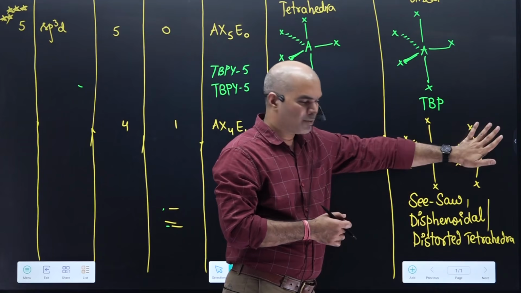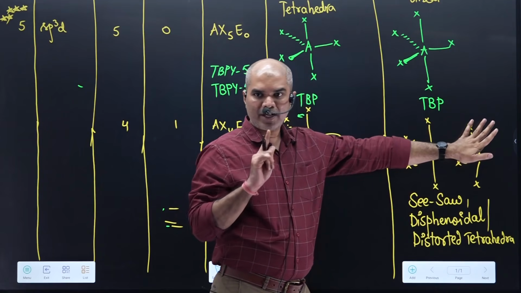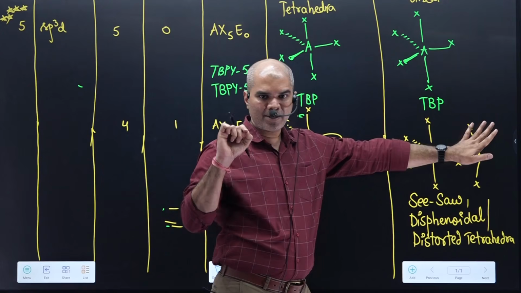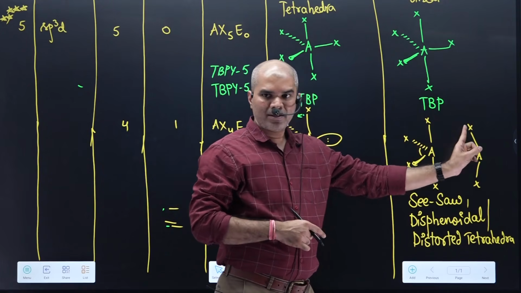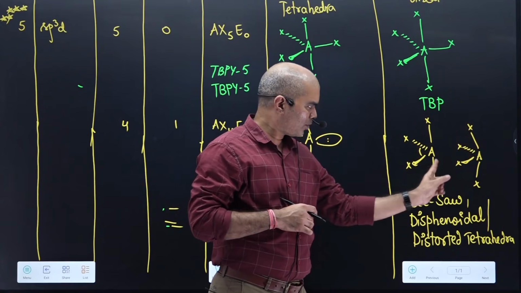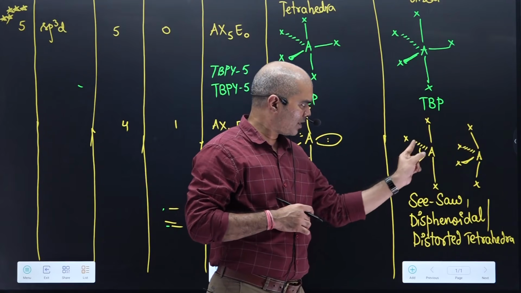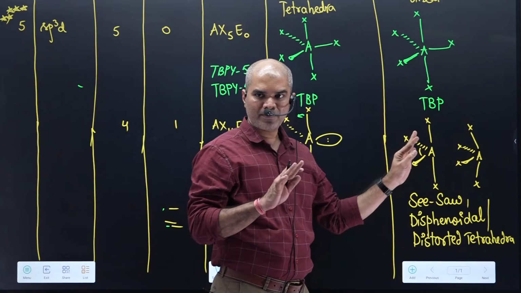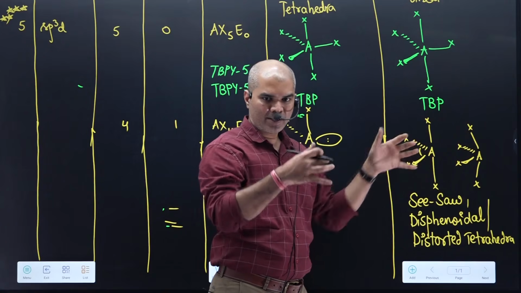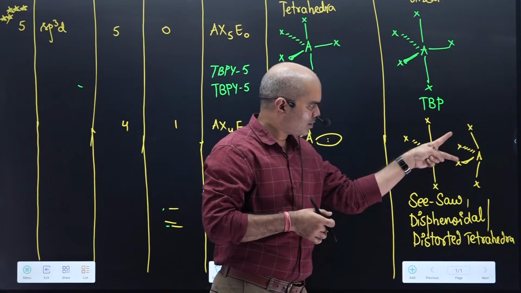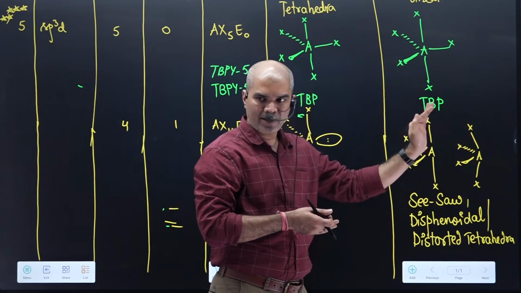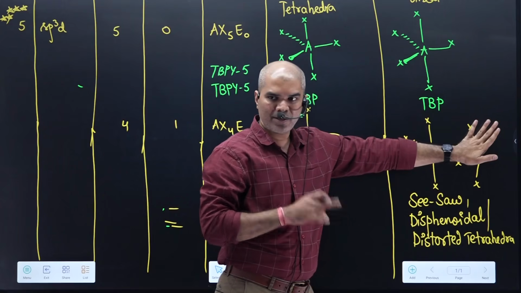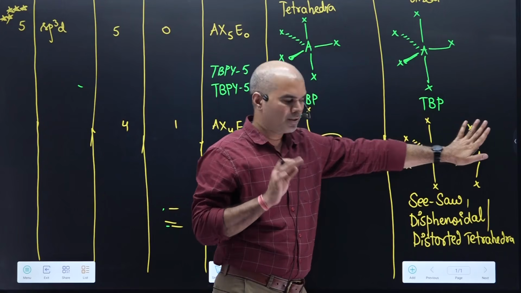This is exact geometry of seesaw. Bond angles will also change. There are a few exams, IIT Mains, in IIT exams, they even ask the bond angles. Generally what students think, they simply put a lone pair, remove the lone pair, this is 90 degree, this is 120 degree, it is wrong. Lone pair will occupy more space, it will push all the bond pairs. So this will not be 120, lesser than 120. This will not be 90, lesser than 90. This is the exact geometry that you have to draw. Okay? Not this one, remember.